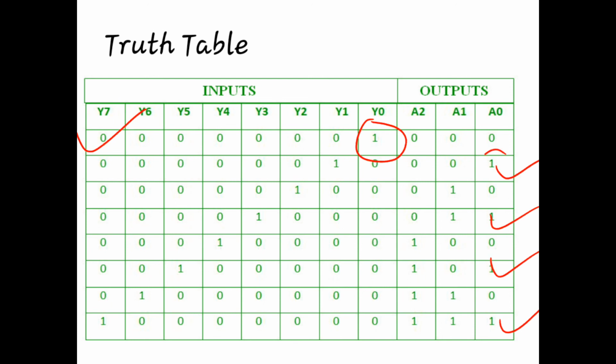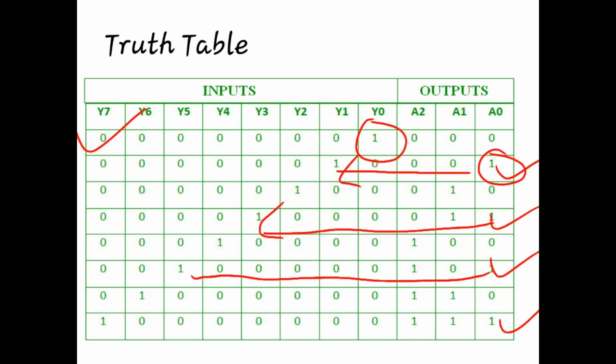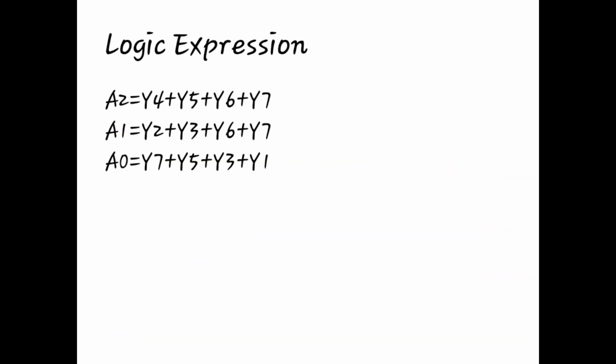This high corresponds to Y1, this to Y3, this to Y5, and this to Y7. So it means that A0 will utilize the variables Y1, Y3, Y5 and Y7.